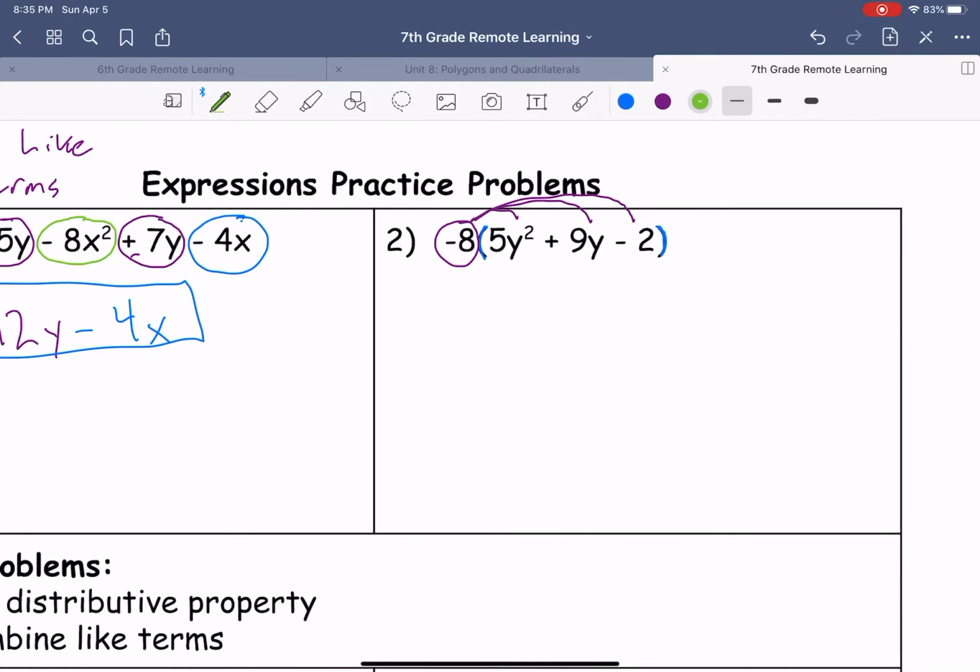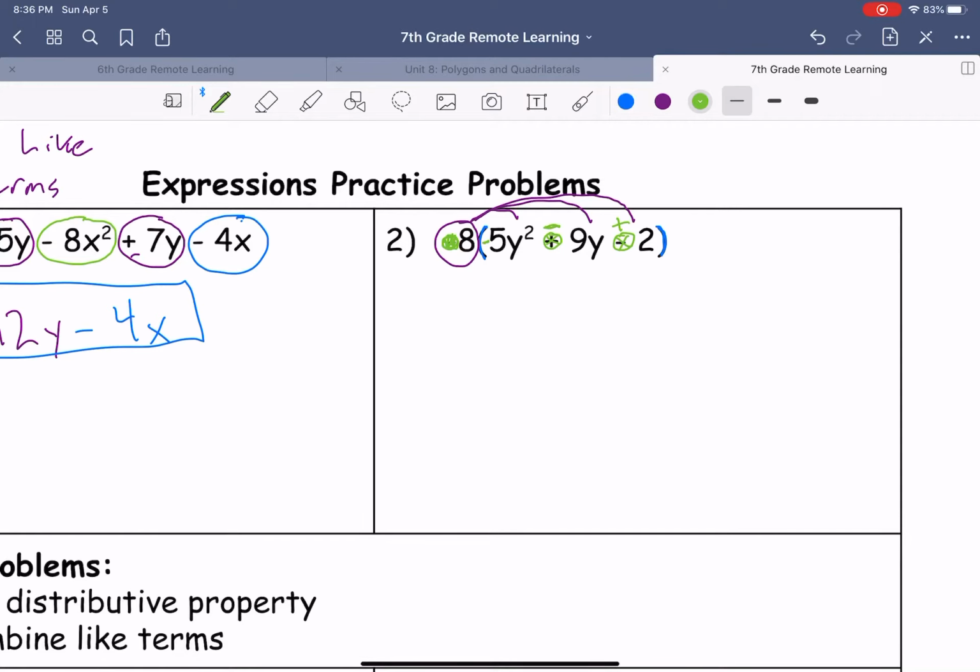And the other thing we're going to remember is this negative right here switches the sign of everything. So this positive 5 becomes a negative 5. This plus becomes a minus. And this minus becomes a plus. Okay? And so that, there, we just did the negative.